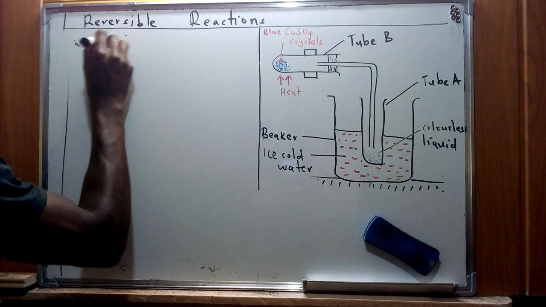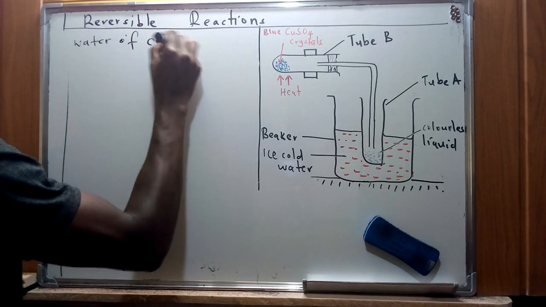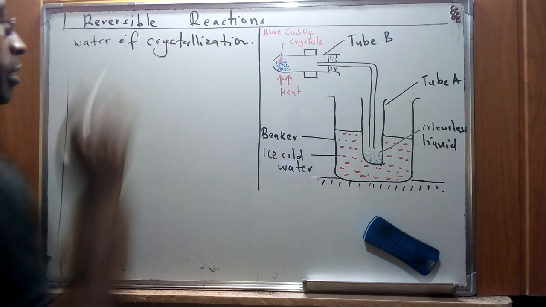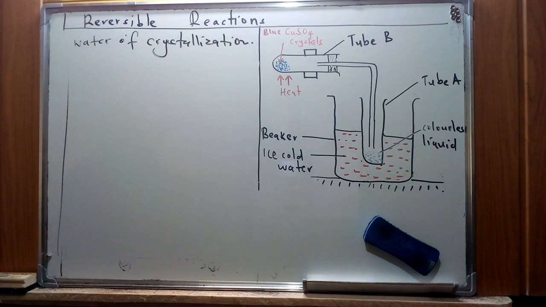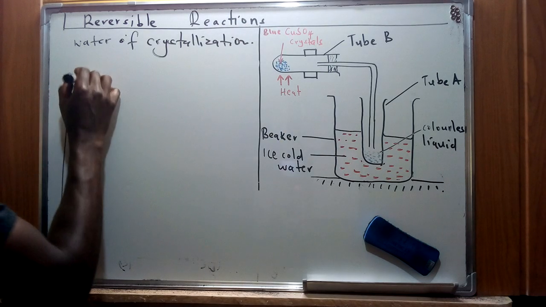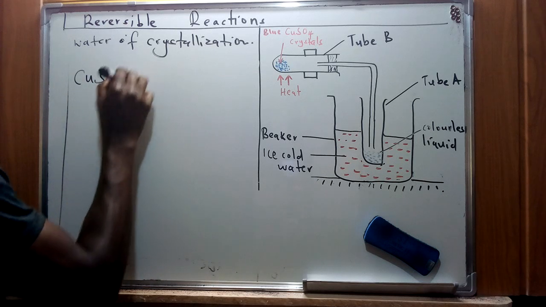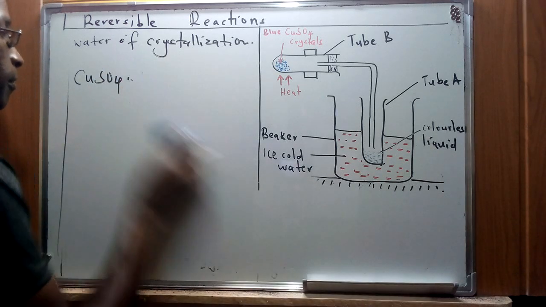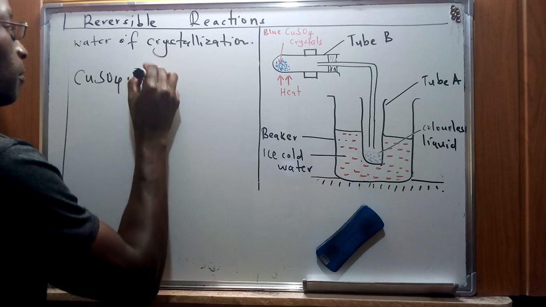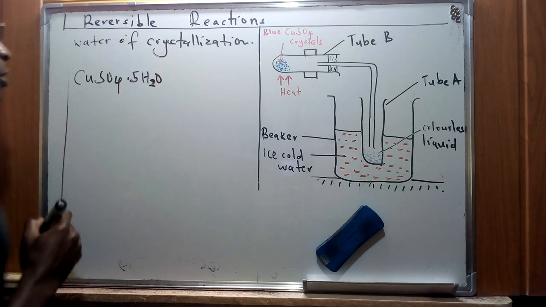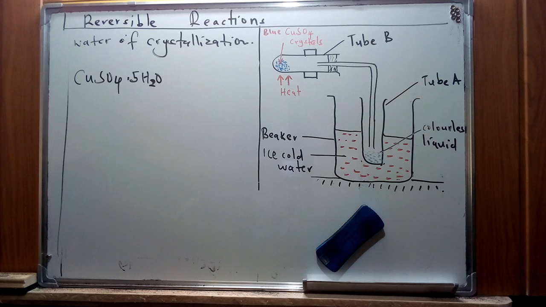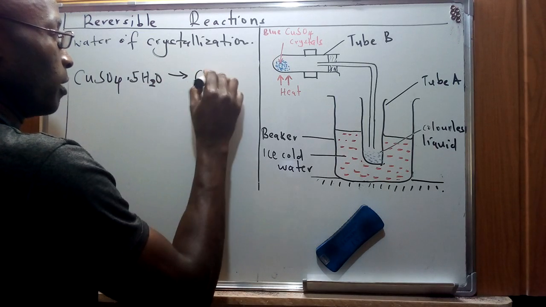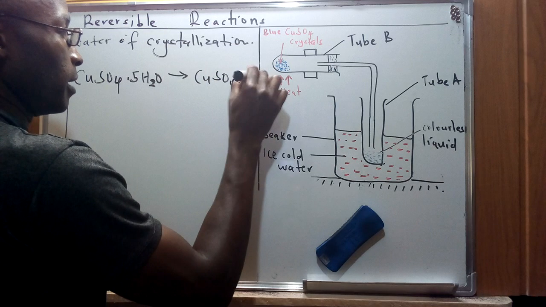So there's water of crystallization contained in the blue crystals of copper sulfate, which can be illustrated as copper sulfate with five molecules of that water of crystallization, and when we heat that substance, we're going to have copper sulfate plus water.